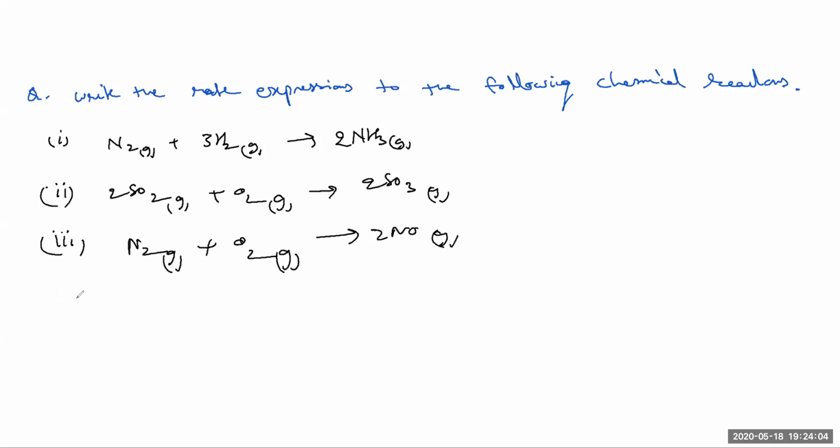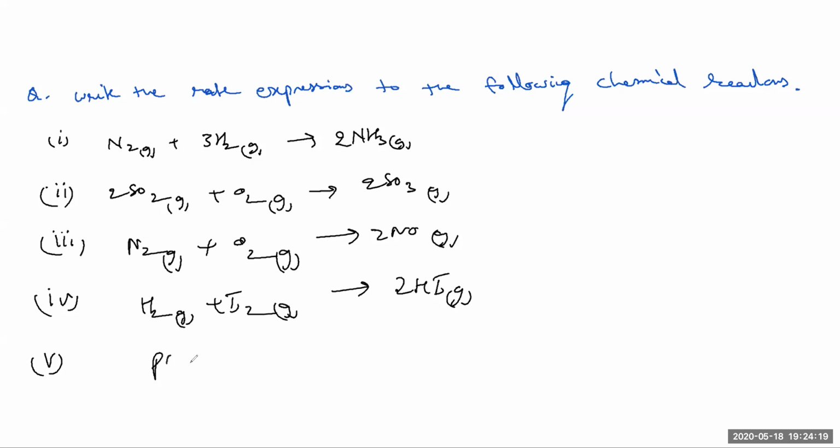Fourth, H2 gas plus I2 gas gives rise to 2HI gas. Fifth, PCl5 gas gives rise to PCl3 gas plus Cl2 gas. Okay, within 2 minutes you have to complete all.